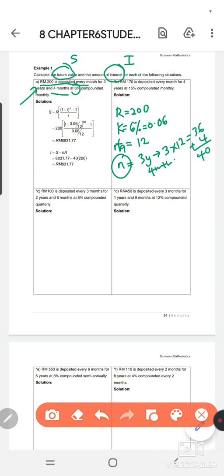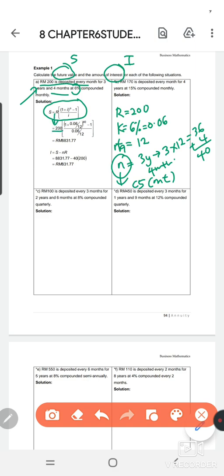So for annuity, we just use the formula S equals R times (1 plus i) power of n minus 1, over i. It is not the same. In chapter 5 we used the formula MT, but here we do not use MT. So for N you have to calculate the number of payments made. So we substitute here.